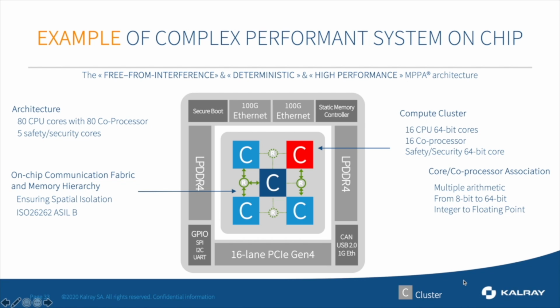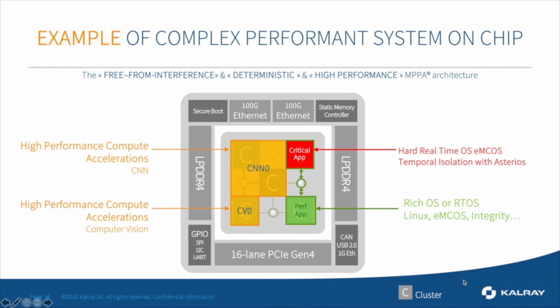As you are managing the memory allocation, you are managing the communication with a dedicated communication fabric on the chip, and you are sharing up to 80 CPUs in protected memory space. So the operating system can more easily take spatial isolation into consideration and have multiple types of applications running on one CPU, which can combine applications for an ECU.